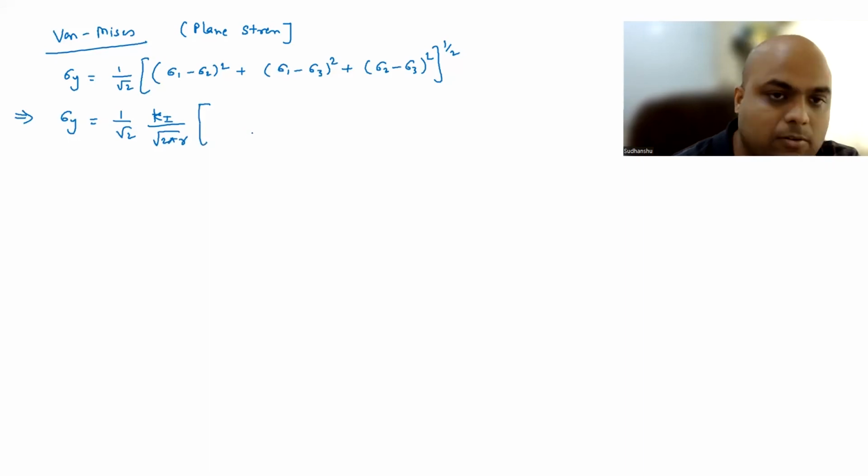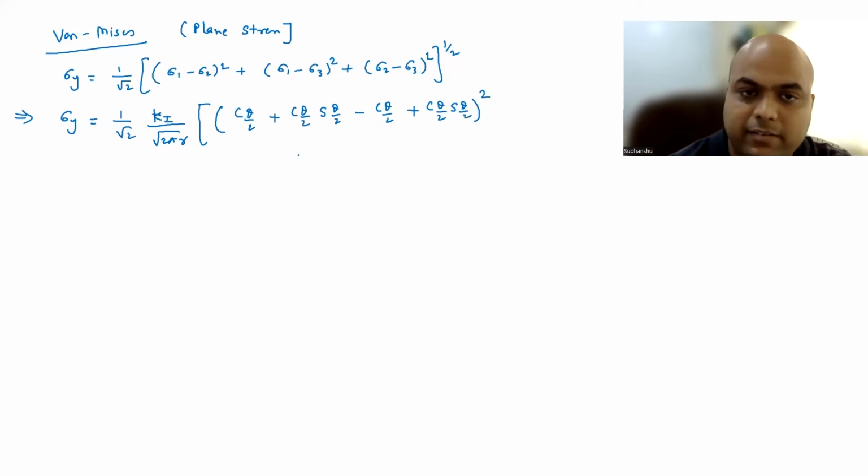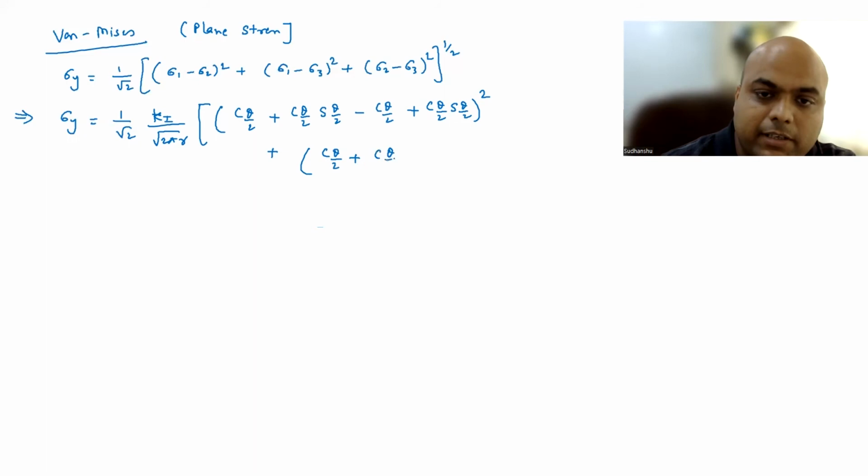Place the sigma 1 and sigma 2 values. You are going to get cos theta by 2 plus cos theta by 2 sin theta by 2, minus cos theta by 2 plus cos theta by 2 sin theta by 2, squared, that is sigma 1 minus sigma 2 squared, plus sigma 1 squared, which is cos theta by 2 plus cos theta by 2 sin theta by 2, squared, and similarly we are placing the value of sigma 2.